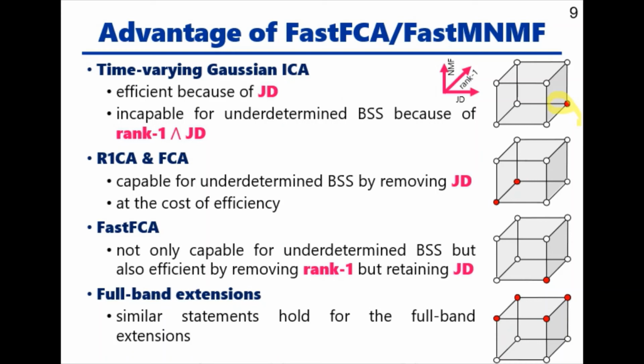On the other hand, R1CA and FCA, located here, are capable for underdetermined BSS by removing the JD constraint, but this is at the cost of efficiency.